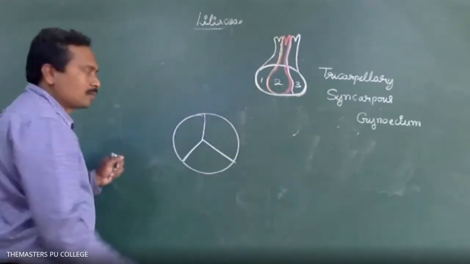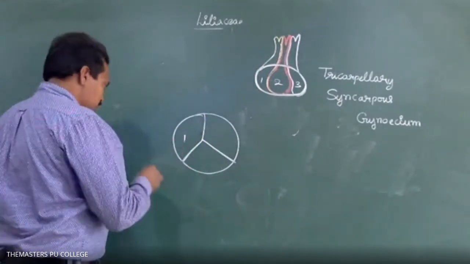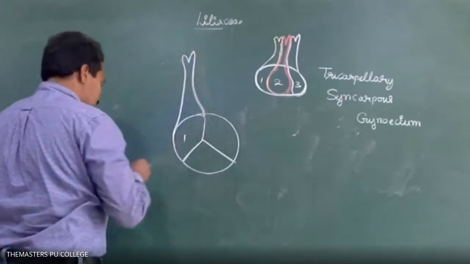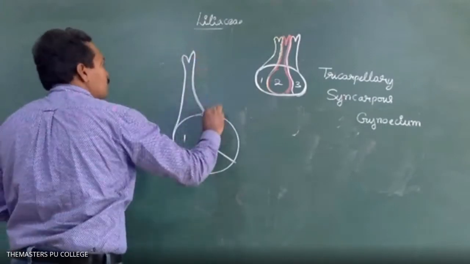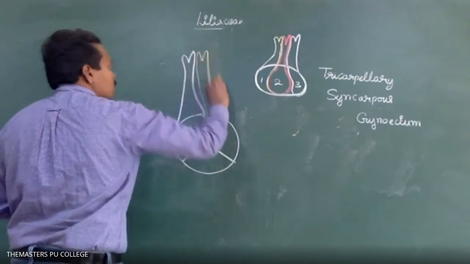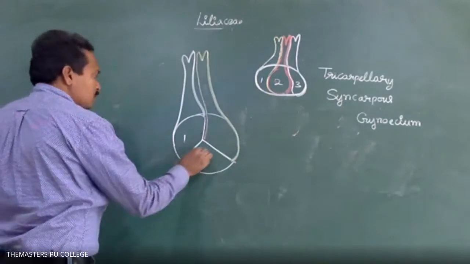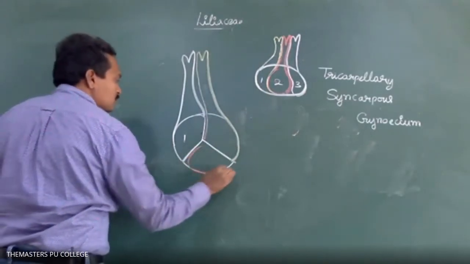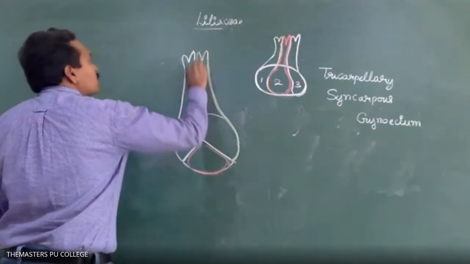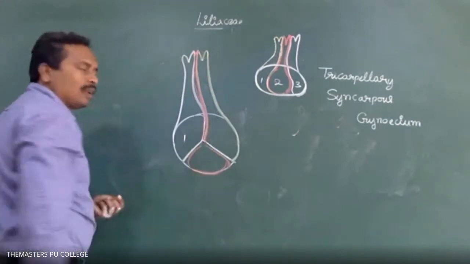Trilocular. Look here, this is one locule. Three locules.